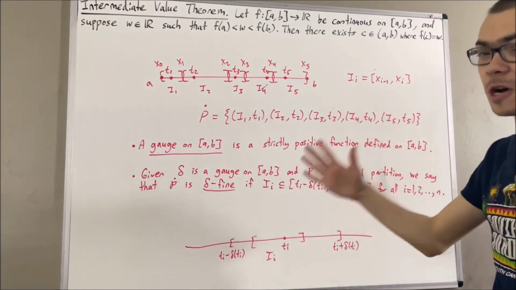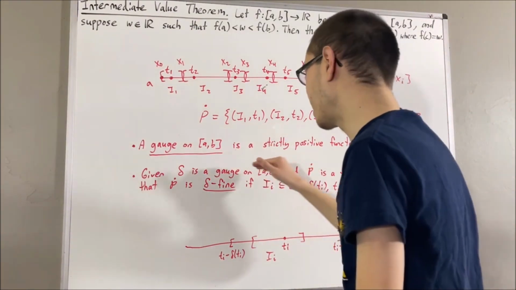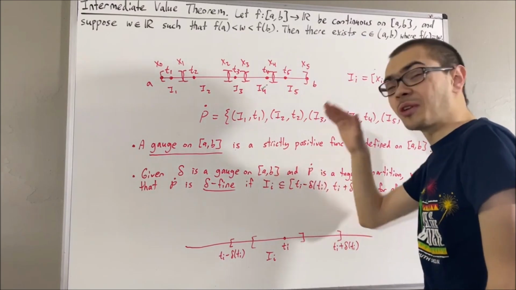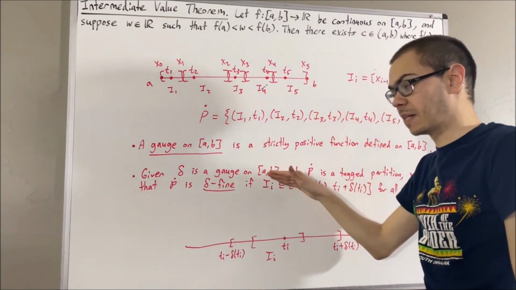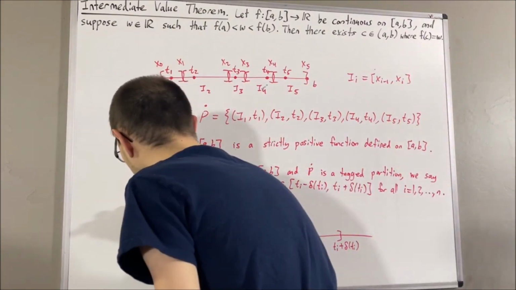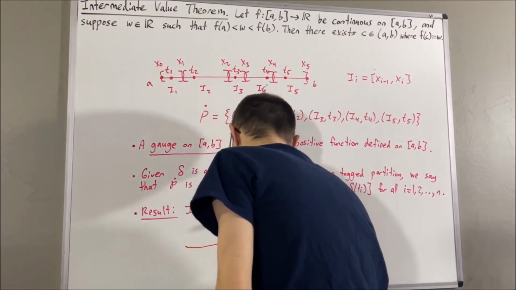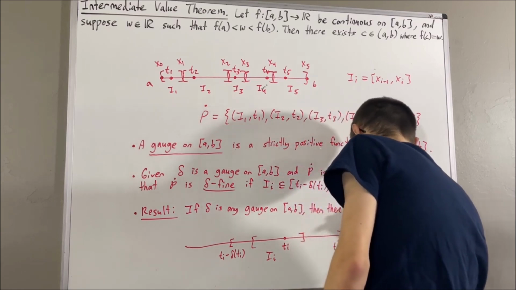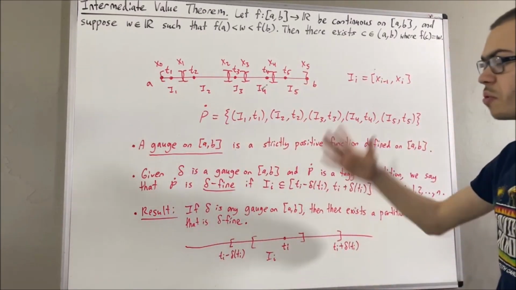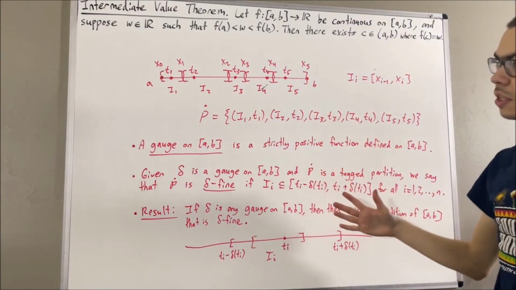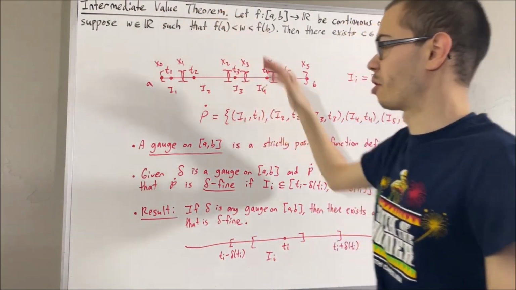Now, a result that follows is that if delta is any gauge function on [a, b], then there does in fact exist a partition of [a, b] that is delta fine. And so these are the ideas that we're going to be using in proving the intermediate value theorem in this video.